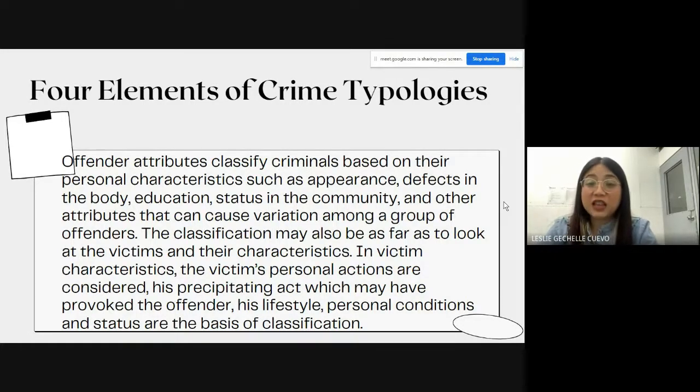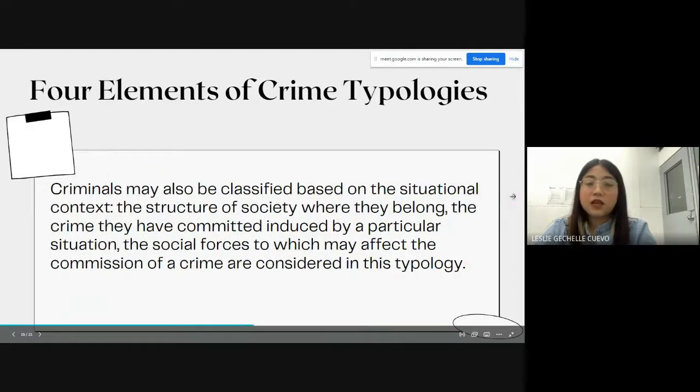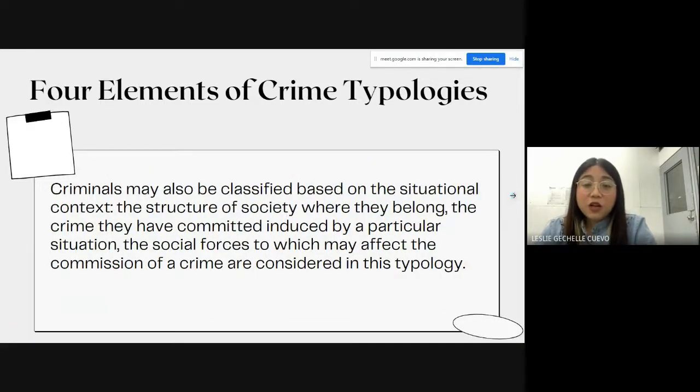Their lifestyle, personal conditions, and status are the basis of classification. Criminals may also be classified based on the situational context, the structure of society where they belong, the crime they have committed induced by a particular situation, the social forces to which may affect the commission of a crime are considered in this typology.